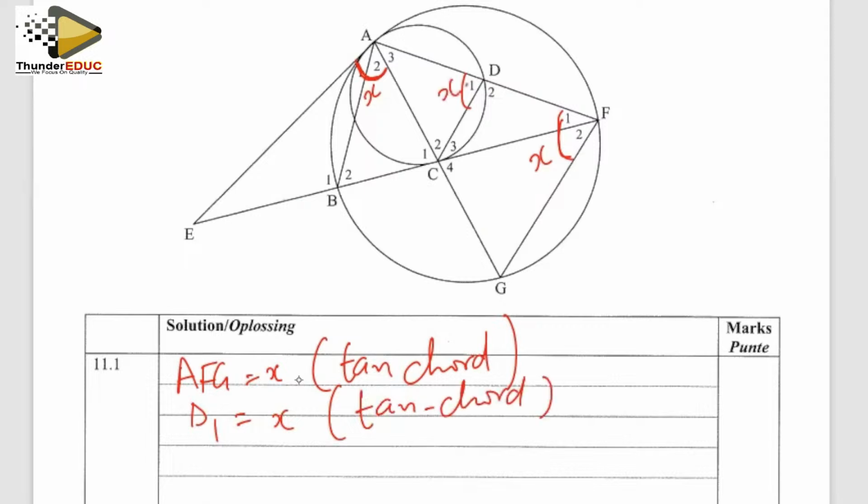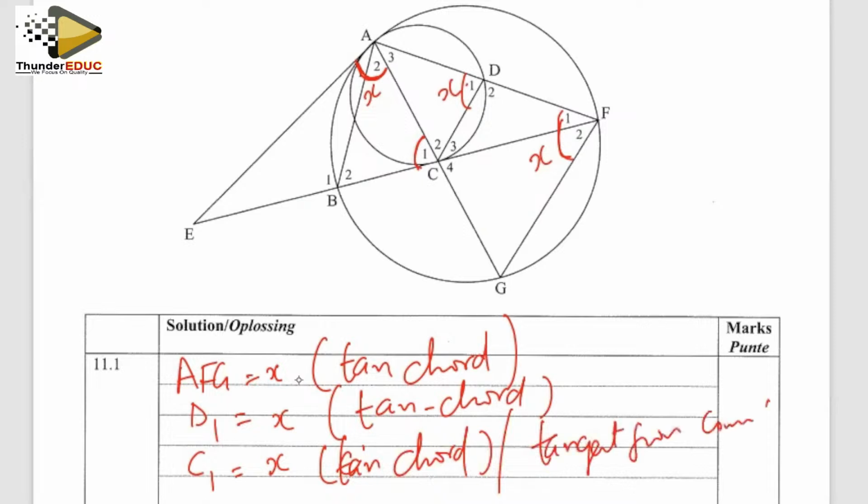Then if this is x, which means this C1 is also going to be x. We can also use tan chord, or since this is a tangent and that's also a tangent, we can use tangents from a common point. Tan chord or tangents from a common point, one of the two.